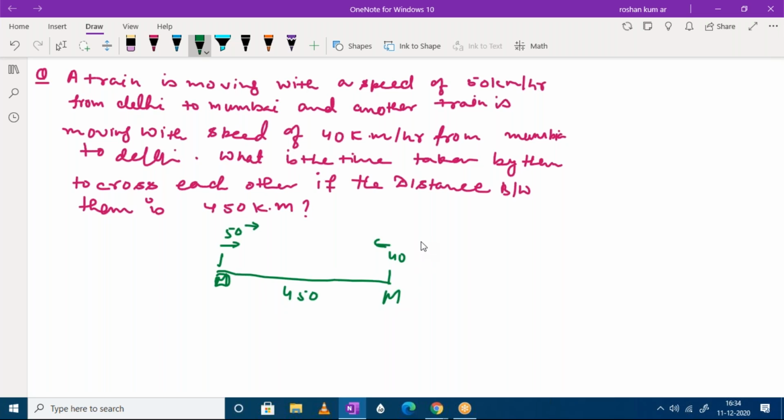Whenever we see two speeds like this, you don't keep two speeds, you keep one fellow at rest. Since they're moving in opposite direction, you add the speeds. This becomes 90. So now this fellow is moving at the speed of 90 and the distance is this much. All the units are matching. So you just have to do 450 by 90, which is equal to 5 hours. Have you got it?